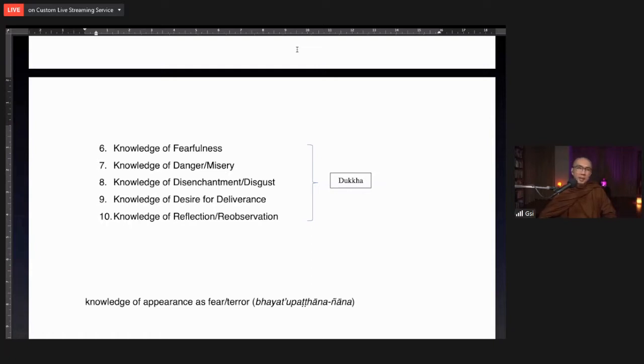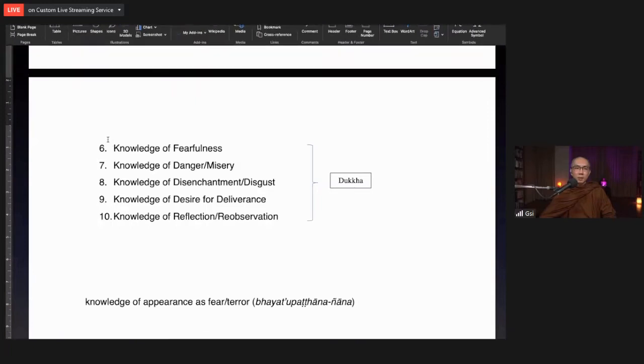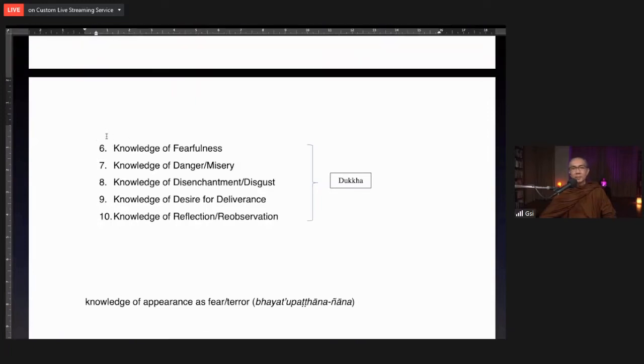become something you're kind of terrified of, because of the knowledge at number 5, the knowledge of dissolution. Everything that you note keeps on disappearing and breaking up, and breaking up and breaking up. There's no respite, there's no stopping.